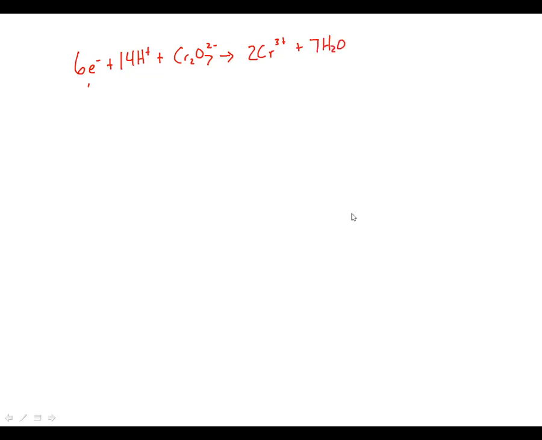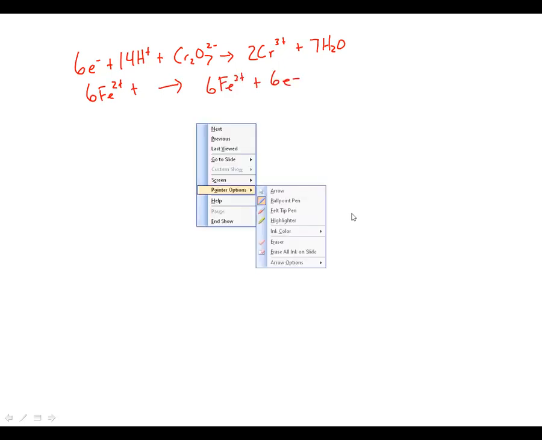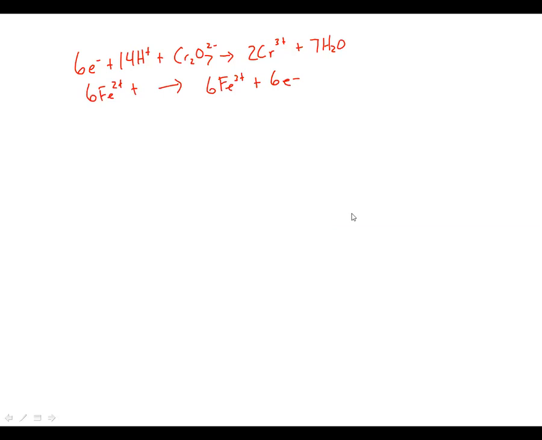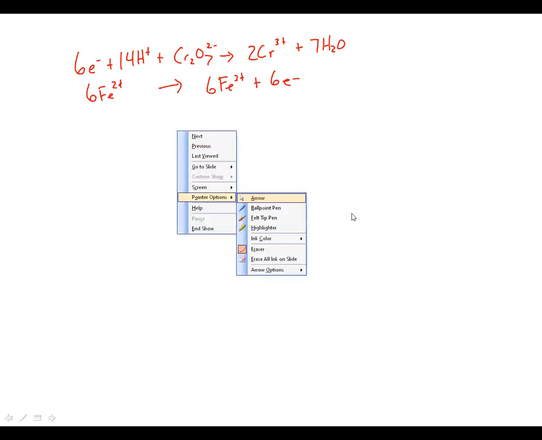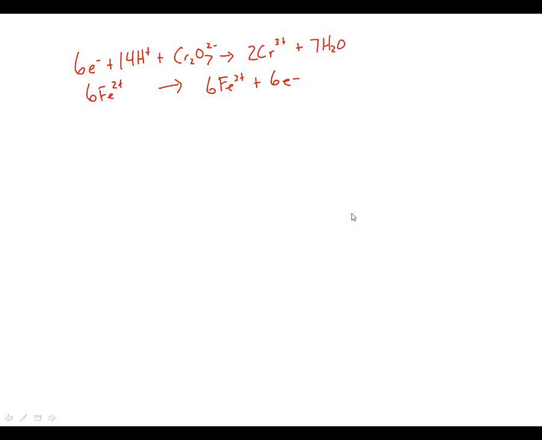The bottom one goes to the electrons. Again here, that is not needed. So since we have the same number of electrons, it's at this point that we can add both of these equations together.